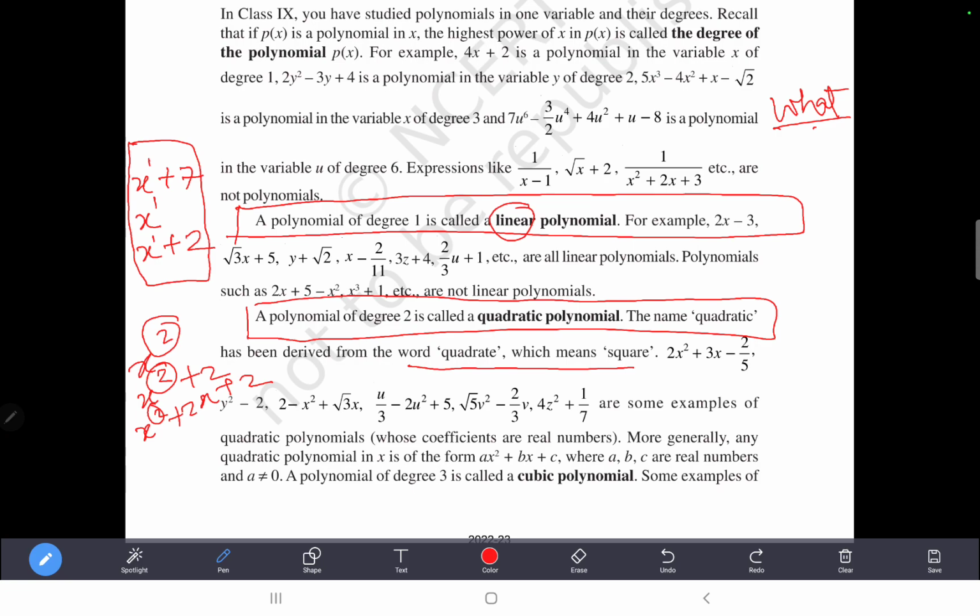And if the degree is 3, it is called cubic. So 1 means linear, 2 means quadratic, 3 means cubic.